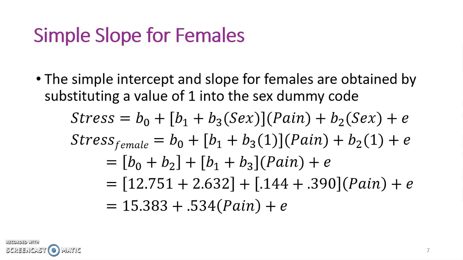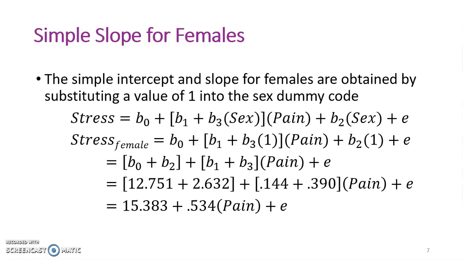So we can see that the stress slope for females differs from the slope for males. The slope for males was simply the intercept and the pain slope. And so it was 12.751 plus 0.144 times pain. But now we can see that the intercept for females is higher than that.